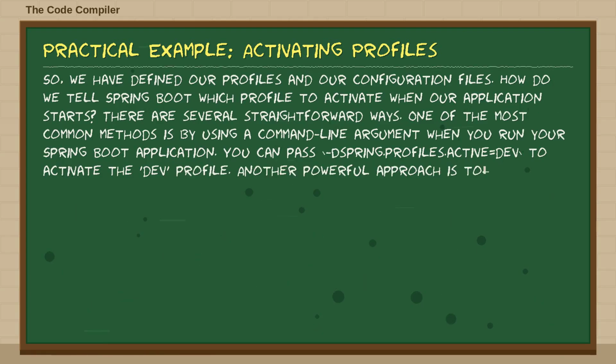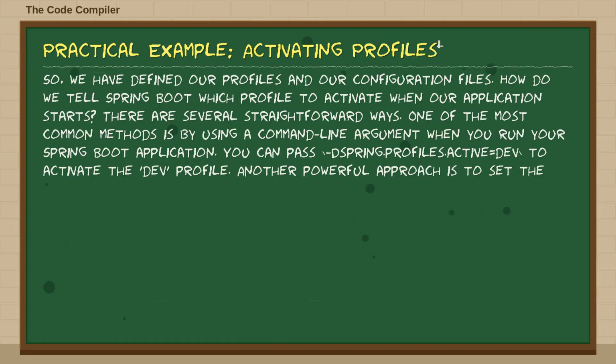Another powerful approach is to set the SPRING_PROFILES_ACTIVE environment variable. This is particularly useful in containerized environments like Docker or Kubernetes, where you can easily configure environment variables for different deployments.